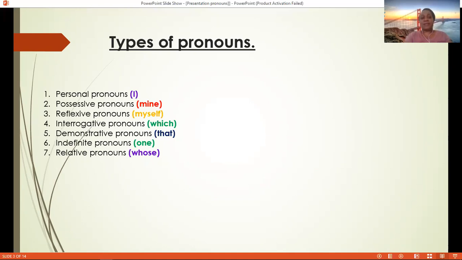Number six, indefinite pronouns, such as one. Number seven, relative pronouns, whose. Those are different types of pronouns.